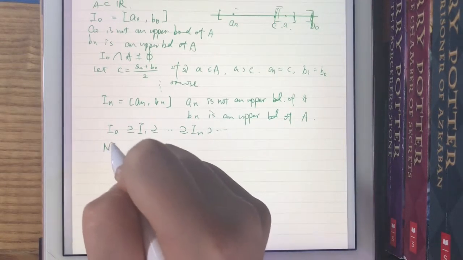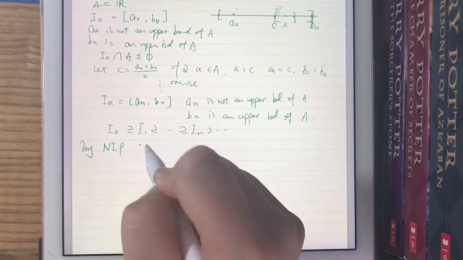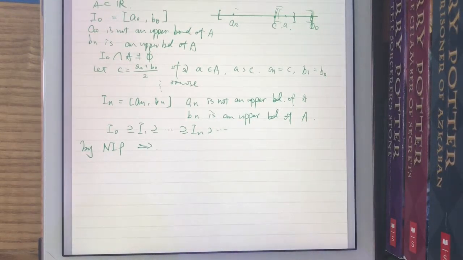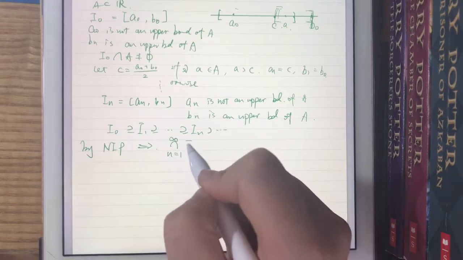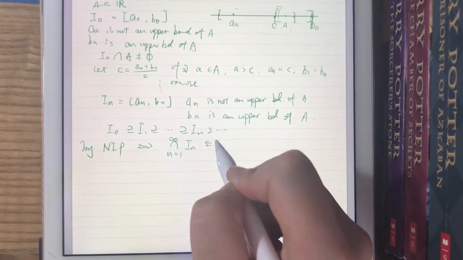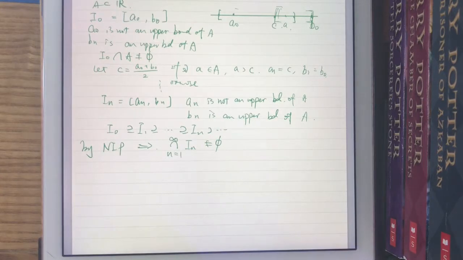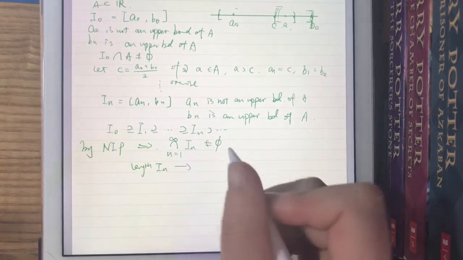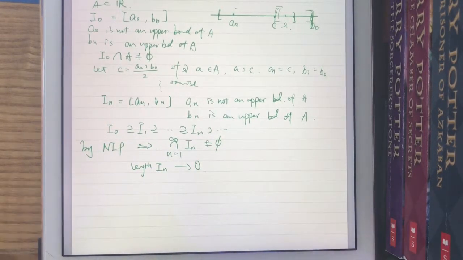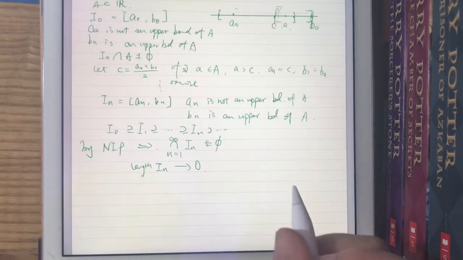And by the nested interval property, the intersection of all the intervals In will not be empty, and also we know that the length of this interval In is approaching 0, right? It's getting smaller and smaller, approaching 0. So the only thing that remains in the intersection will be a single element, say S.